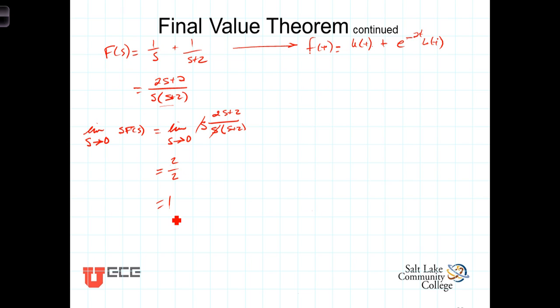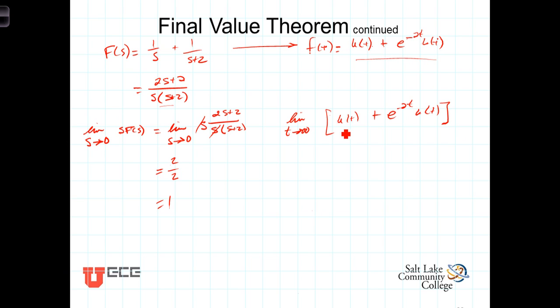Now, over here, when we take the limit as s approaches 0, it's got to equal the limit as t approaches infinity of this expression here, or put it in brackets, u(t) plus e to the minus 2t u(t). Now, the unit step function is bounded.